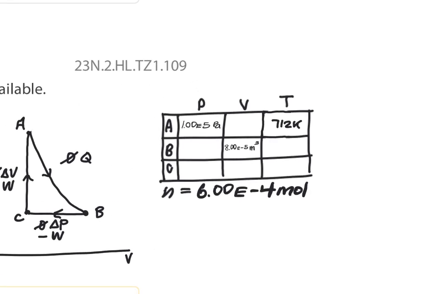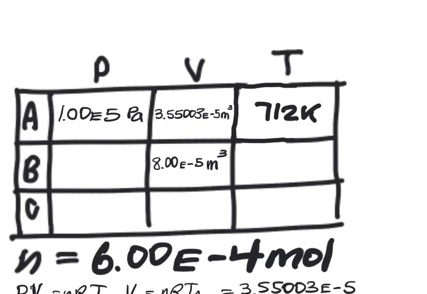Based on the numbers we have, we can figure out the volume at A. From PV equals nRT, we get 3.5503 times 10 to the negative 5 meters cubed. I'm going to round to 6 significant figures to avoid rounding errors. I think 6 sig figs should do it.